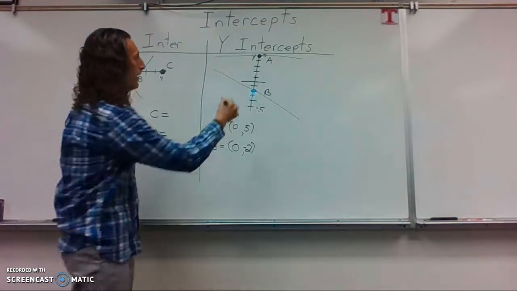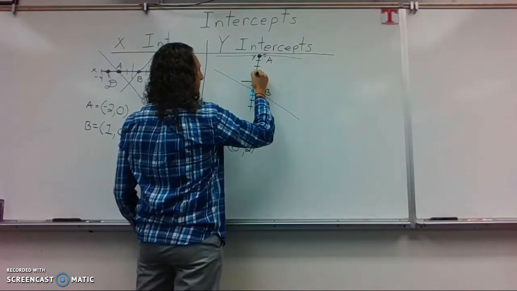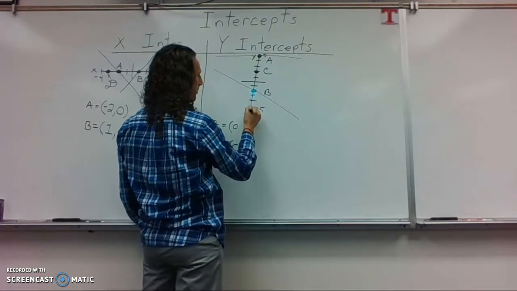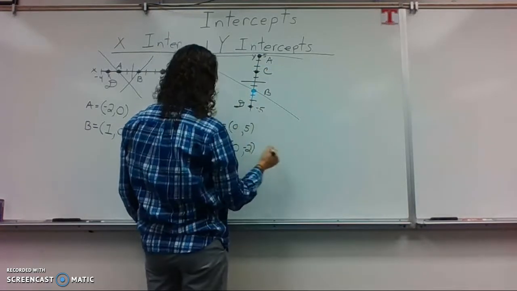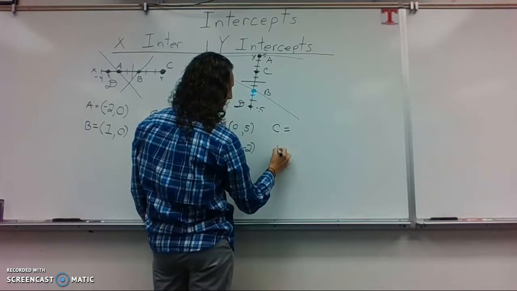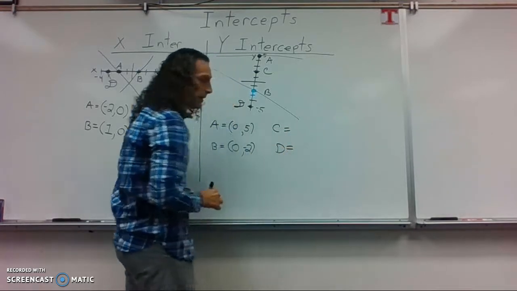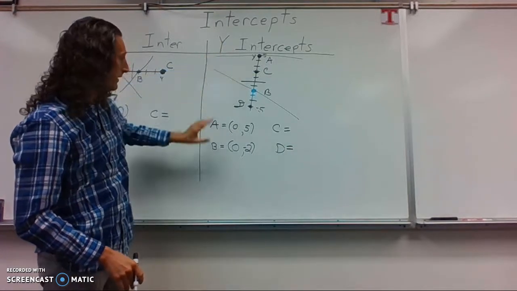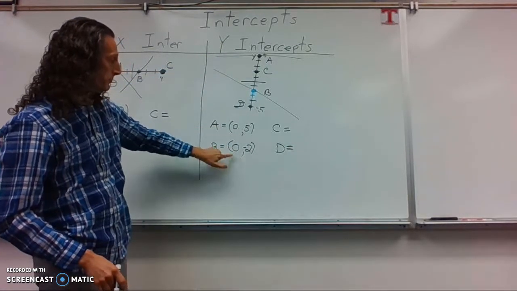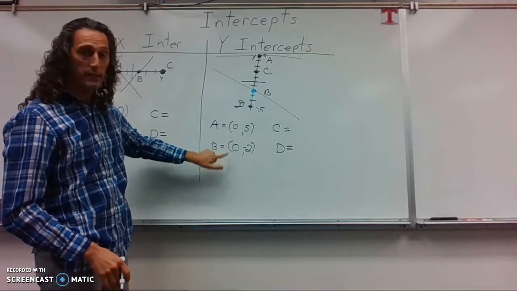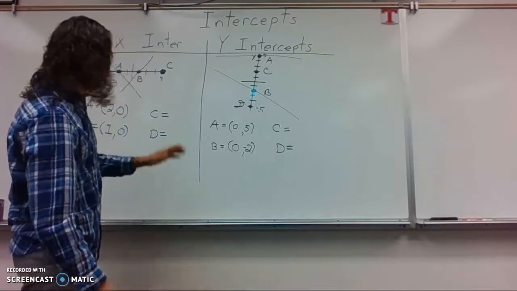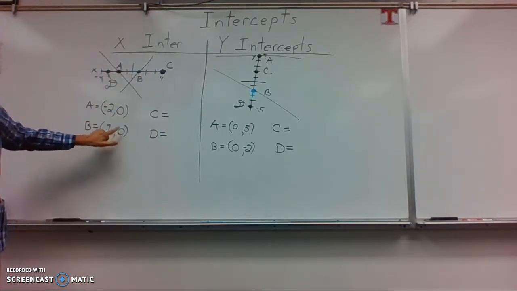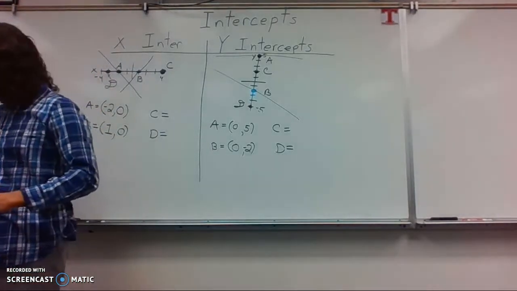All right, so I want you to label point C and point D. And pay attention to, when we're talking about y-intercepts, that the x term is going to be 0. And then recap on your x-intercepts, the y becomes 0.